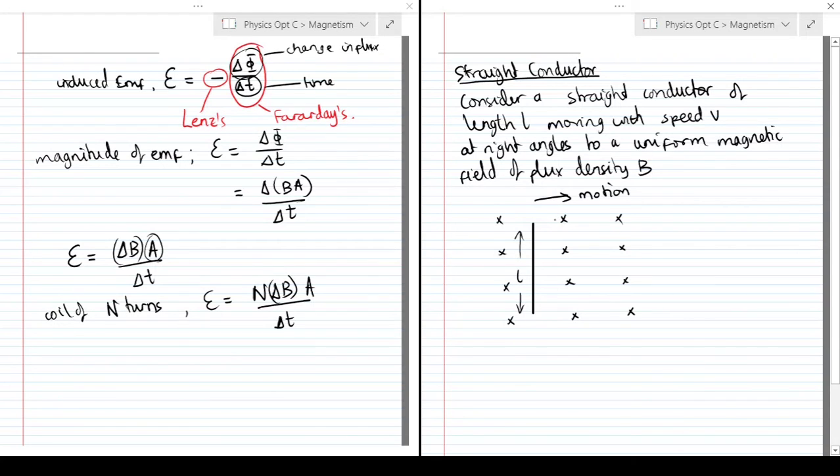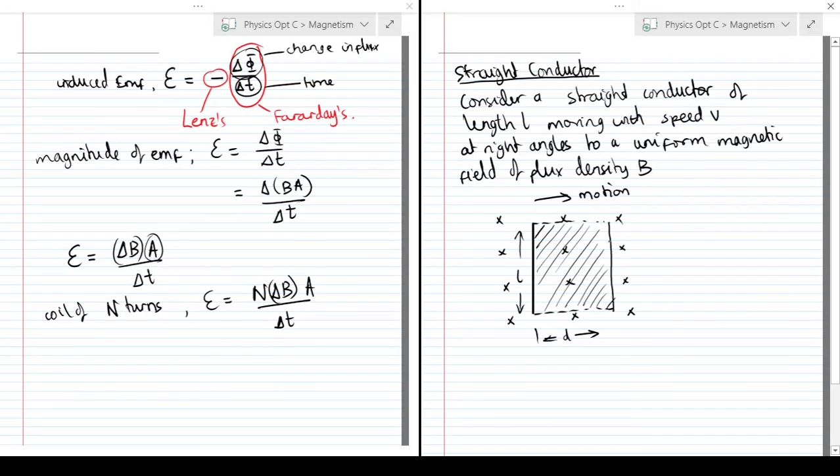right? Now, as the conductor moves, of course, it will travel, let's say, a distance D in this direction here, right? Now, what it actually does, while it is in motion, that's the important thing, is it would cut the field lines, and that involves linking this amount of flux here.